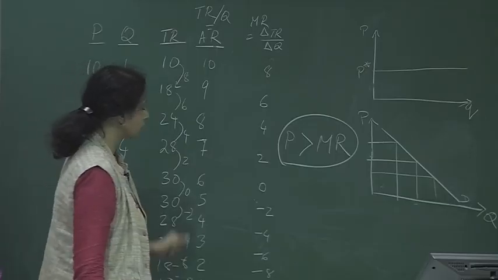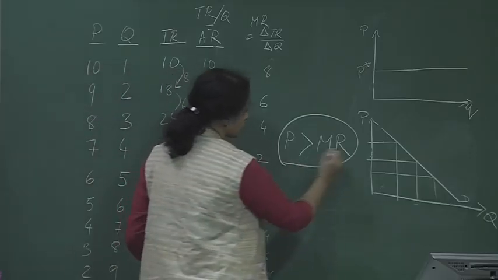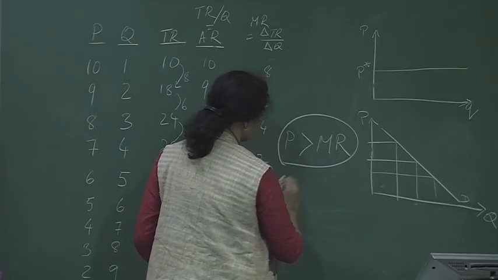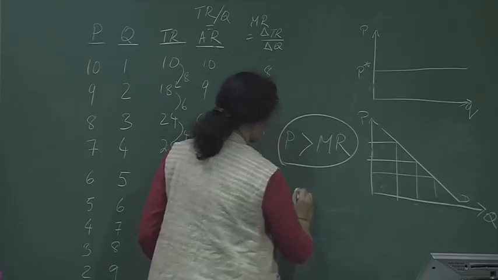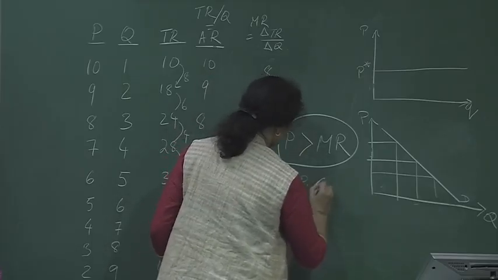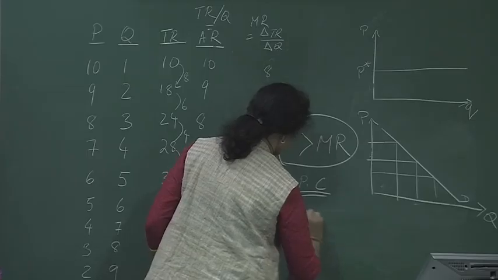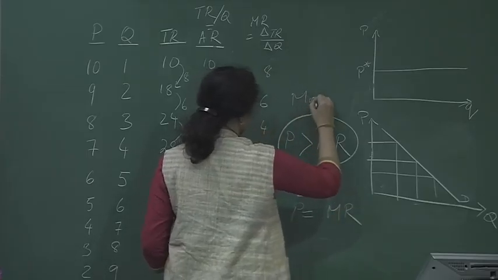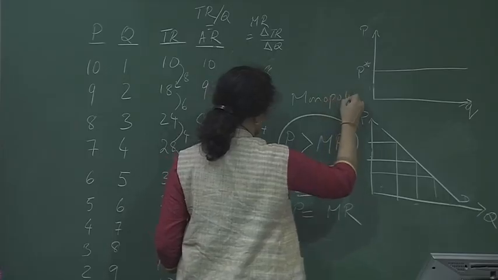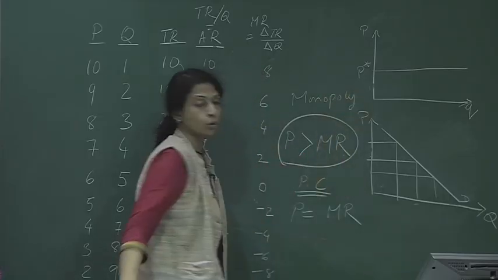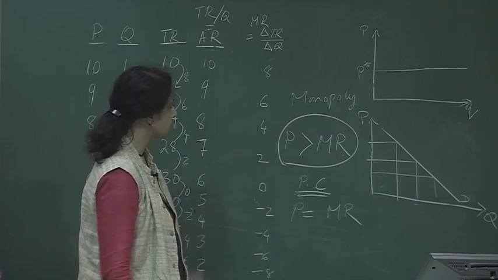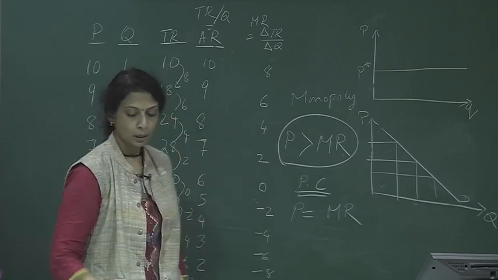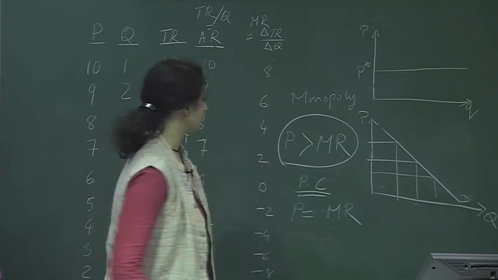In case of monopoly, price is more than marginal revenue, while in the case of perfect competition, price is equal to marginal revenue. So, this is what we see from this example, but what is the intuition? How do we explain this over here?